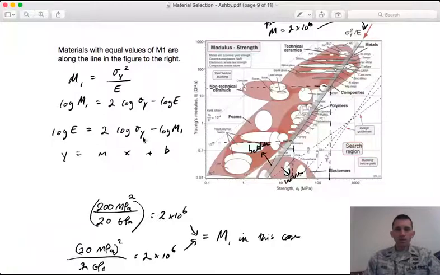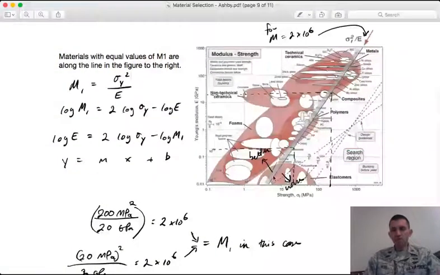And the y-intercept, right, is dependent upon the combination of yield strength and modulus, right? So for spring applications, I'm always going to have slope 2, but depending upon the combination of properties, I will take this line and translate it left or right.